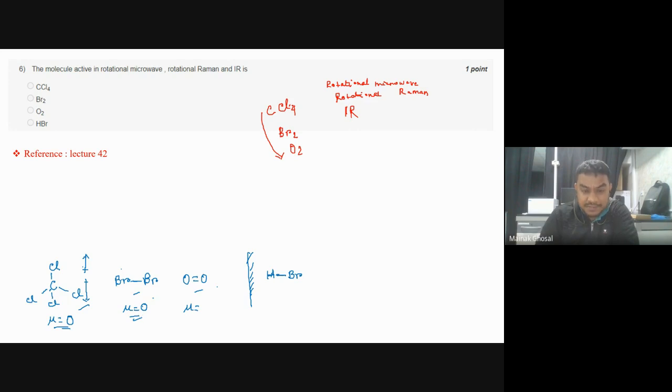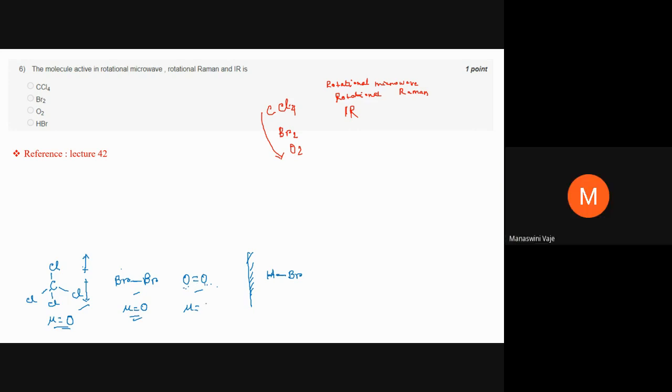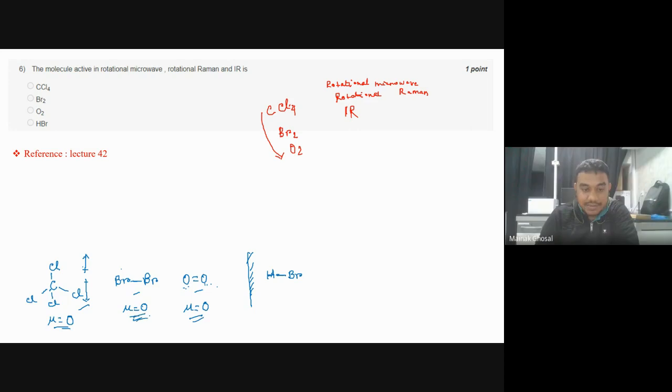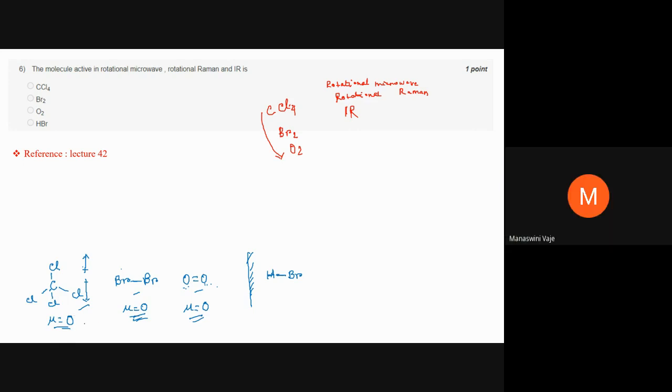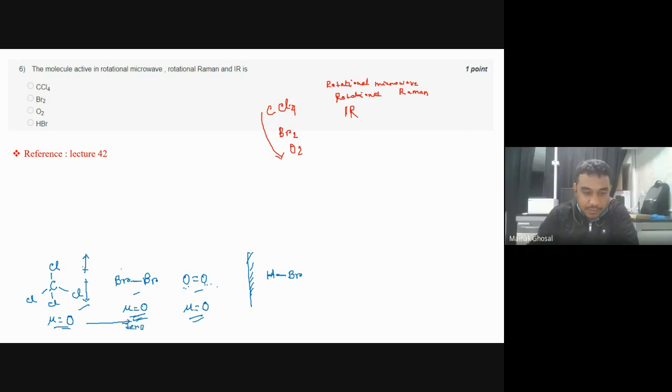Similarly, for oxygen, which has two oxygen atoms, the same atom is there, so its mu will also be zero. So this is the missing link that I was talking about. Got it? These three molecules will have a zero dipole moment.